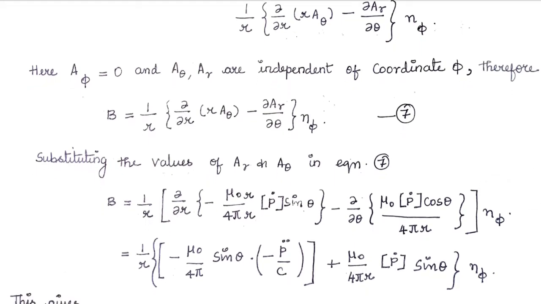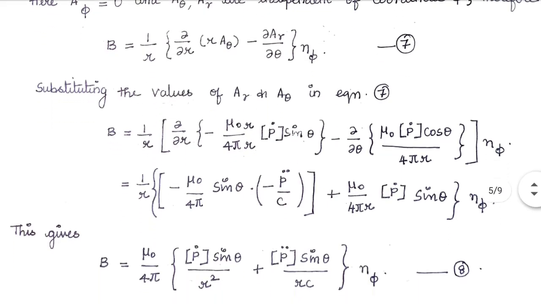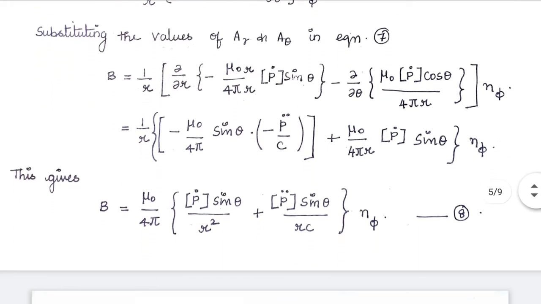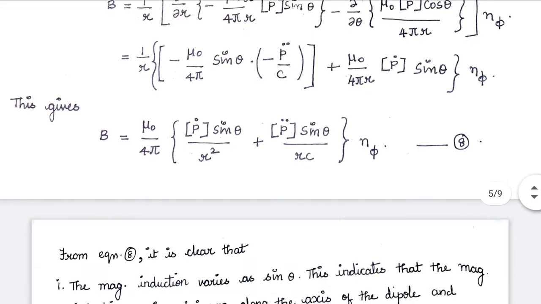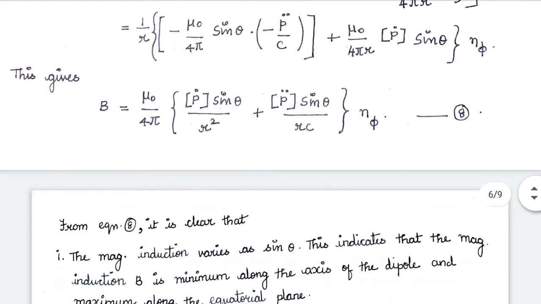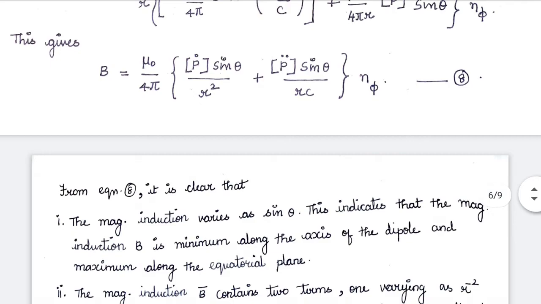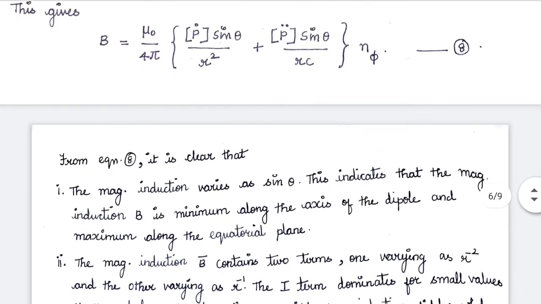We have the values for A r and A theta, and substituting and simplifying we get B is equal to 1 by r into minus mu naught by 4 pi sin theta [minus p double dot by c plus p dot by r] into n phi, which on simplifying we get B is equal to mu naught by 4 pi [p dot sin theta by r square plus p double dot sin theta by r c] into n phi.